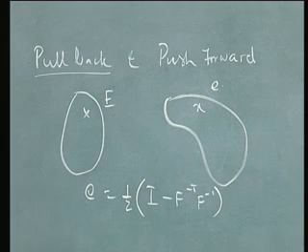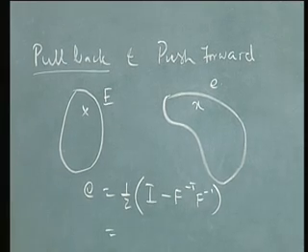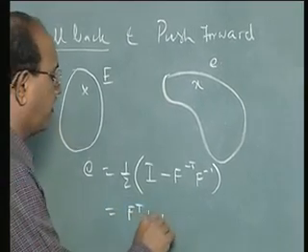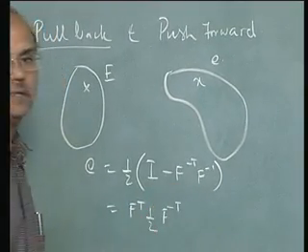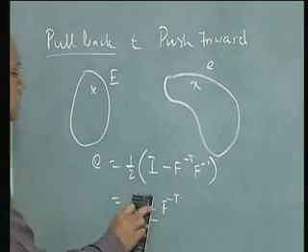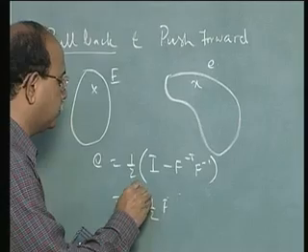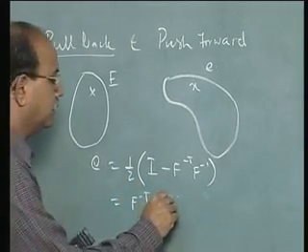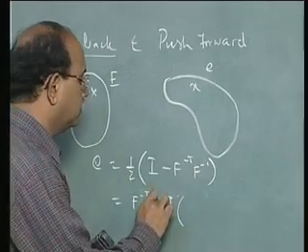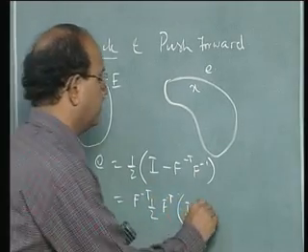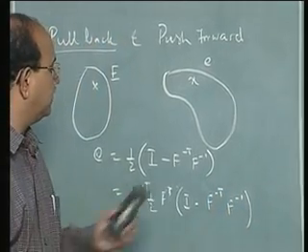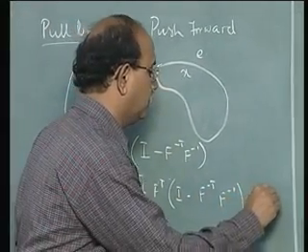Now, that I can write it, for example, as half of F inverse transpose, okay, just multiplying, or rather I'll do it the other way, so it is easier, F inverse transpose, because ultimately you will just see why I want this. I want the E there into I minus F inverse transpose F inverse, and I want F there, so I'll put F here and F inverse here.